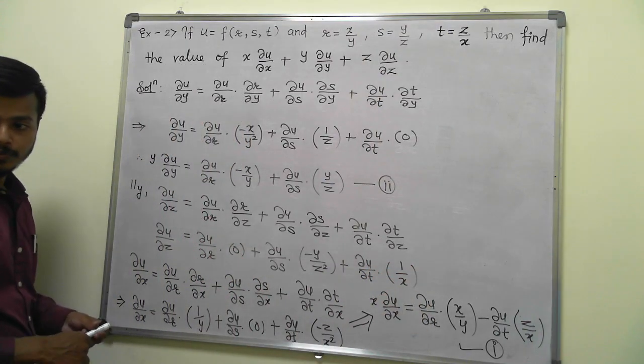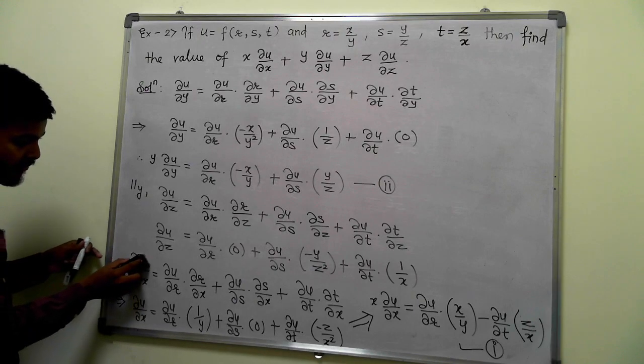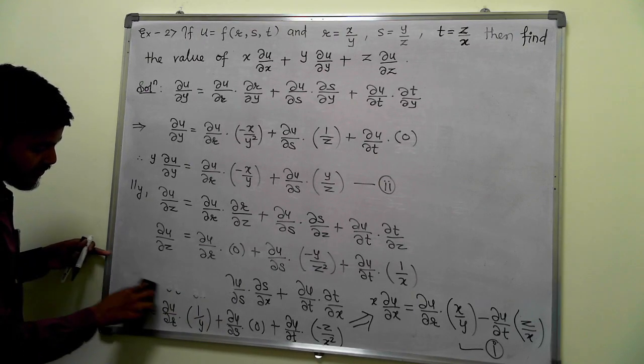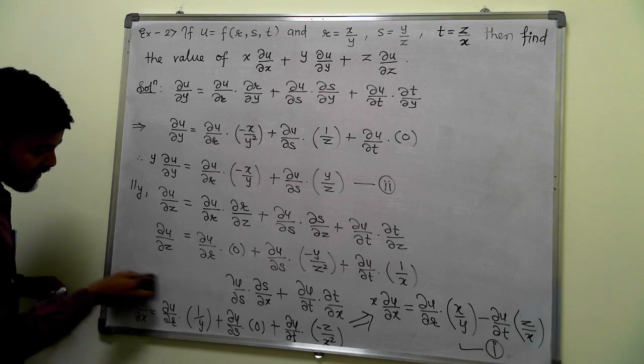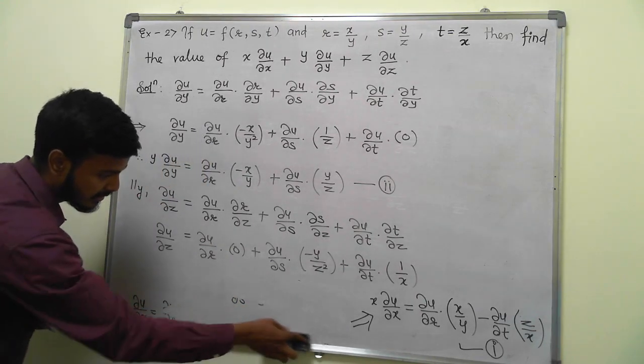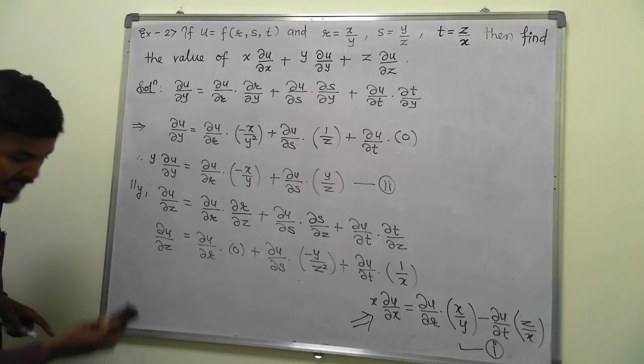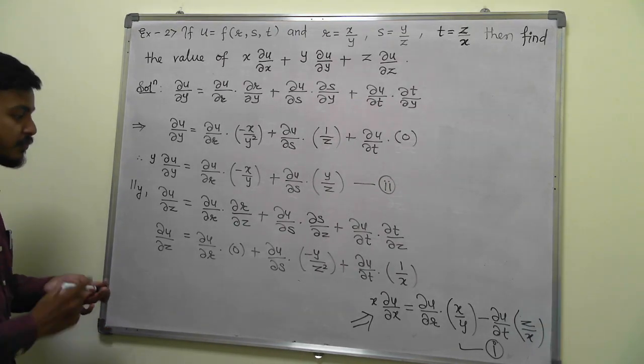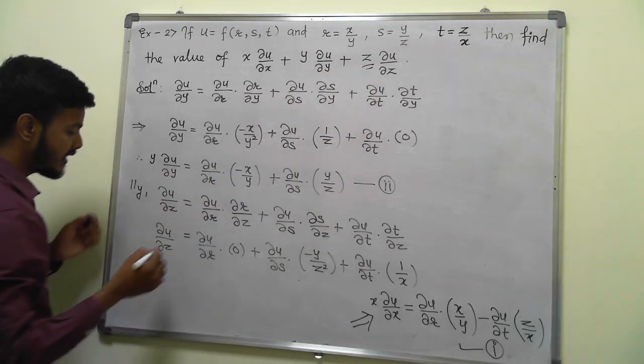Now what to do? Just multiply it by z, of course. From where do you get an idea that we have to multiply by z? By looking at the result that I want to prove. Okay, so multiply it.